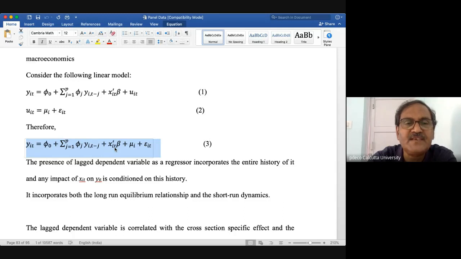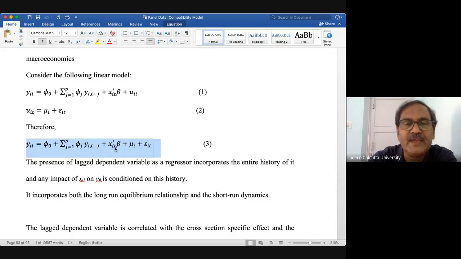So the presence of the lag dependent variable as a regressor, particularly we are focusing on the lag dependent variable because the basic advantage of a dynamic model is to analyze the behavior of the past values of it along with the other variables affecting y.